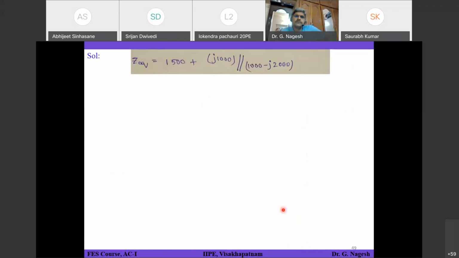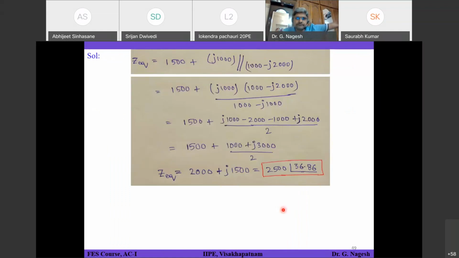So this is what you have to do: the parallel combination, and then add 1500 to that. Z equivalent we got 2000 plus j 1500. This is what I got.